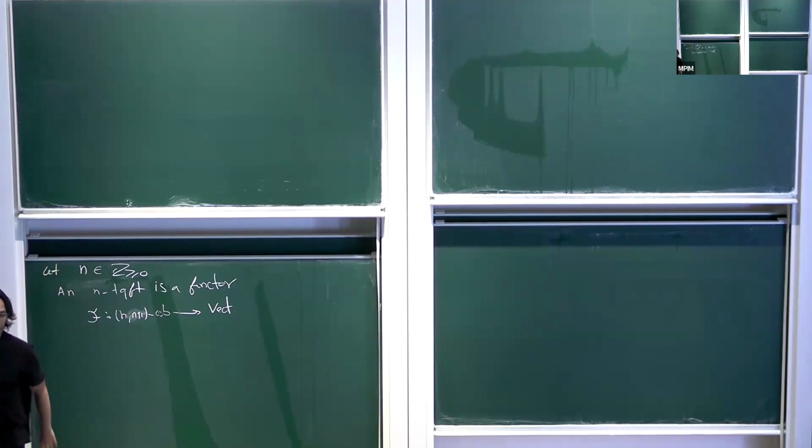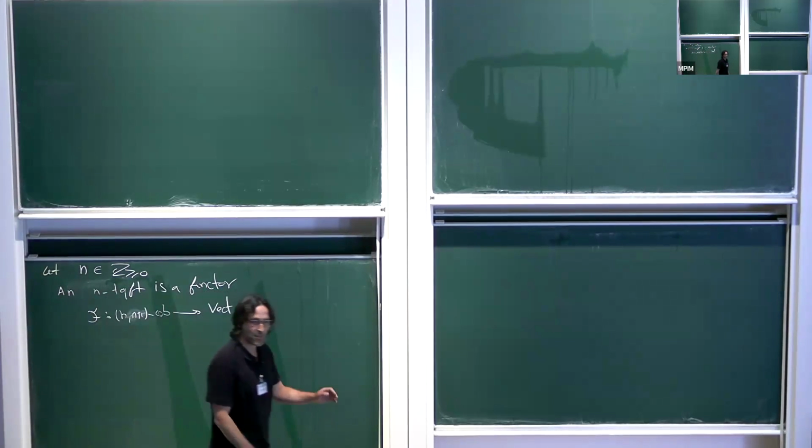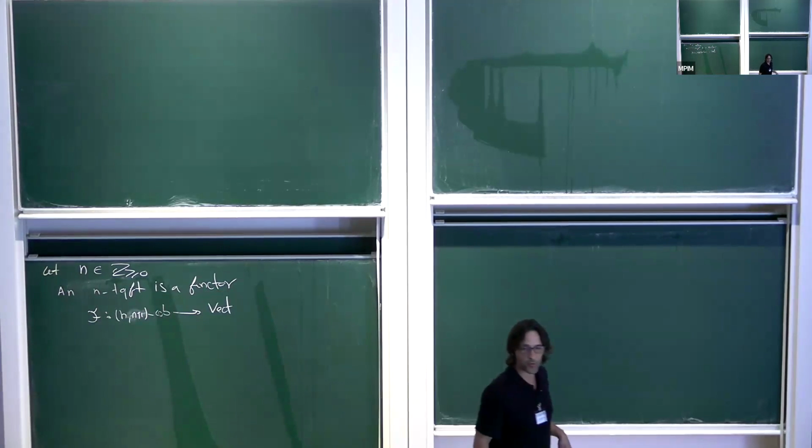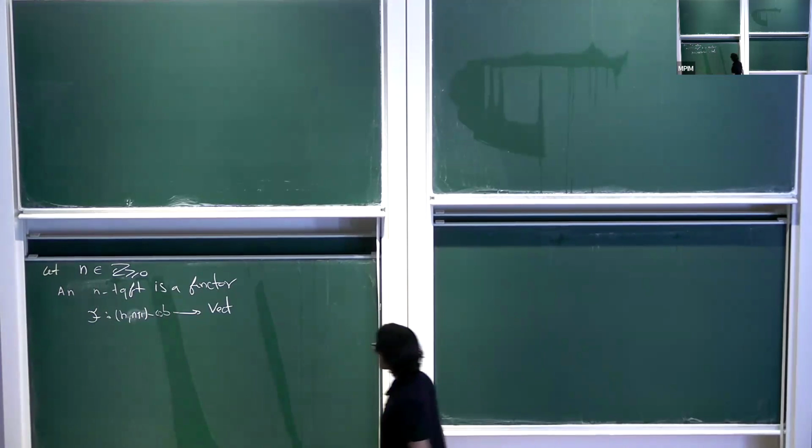And when I say a functor, I really mean an honest functor. So I'm not thinking about infinity-one categories, I'm really thinking about categories and functors.